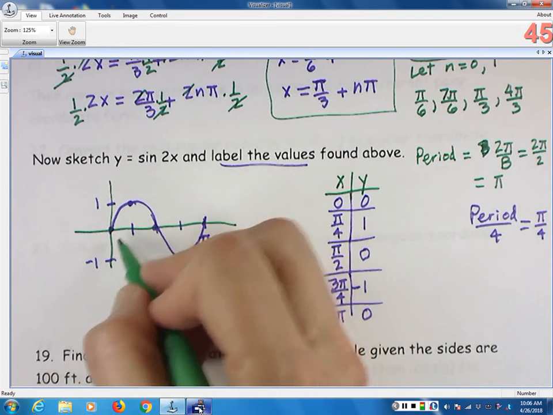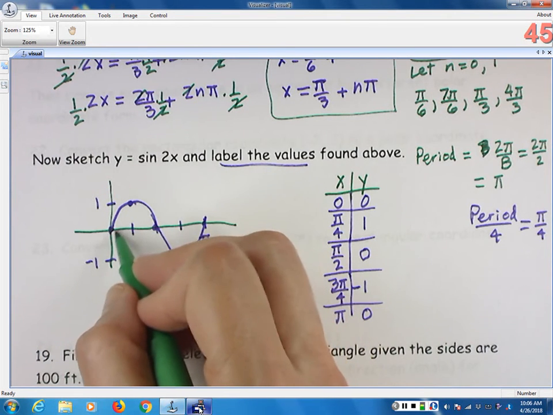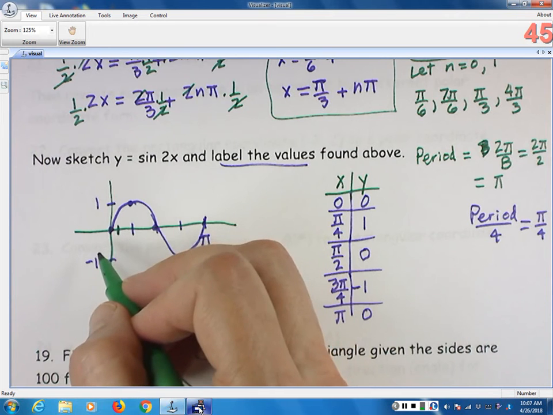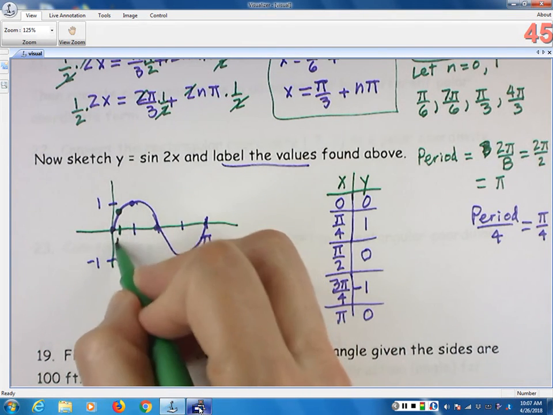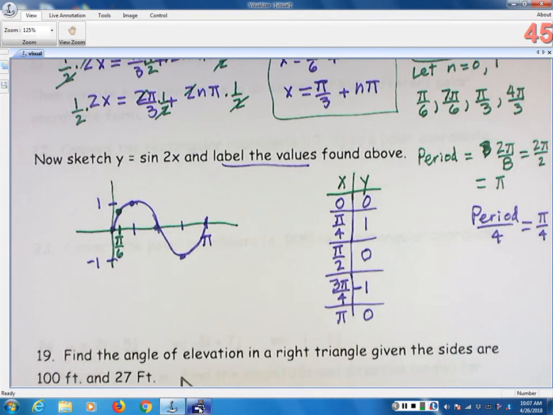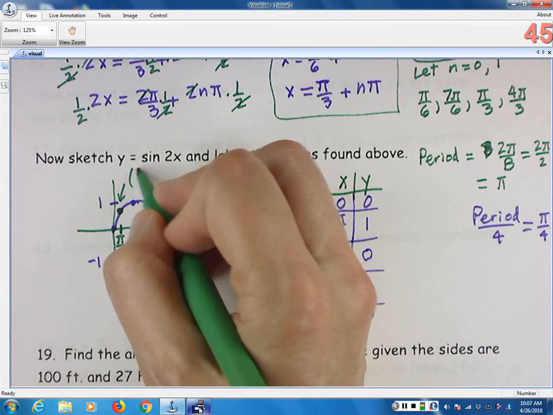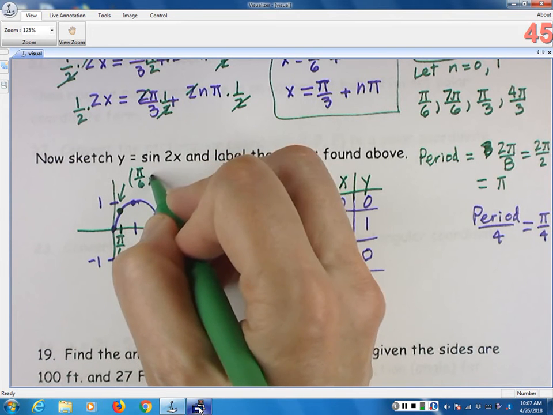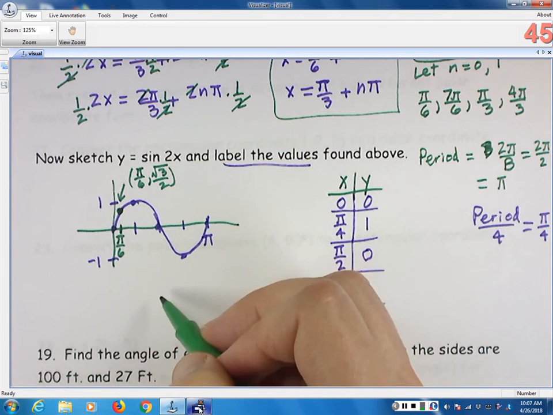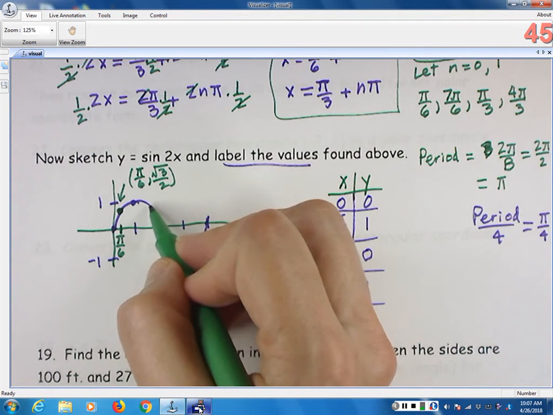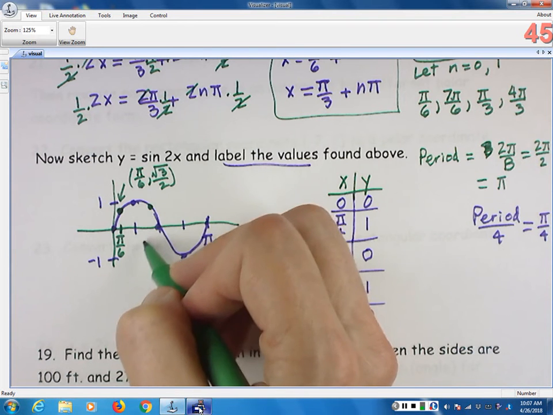Pi over 6, this is pi, this is a half pi. Pi over 6, that's way over here. This is pi over 6. So this point would be pi over 6, square root of 3 over 2. This point here would be pi over 3, I guess.